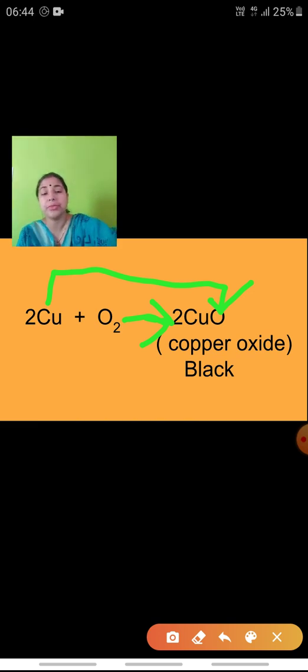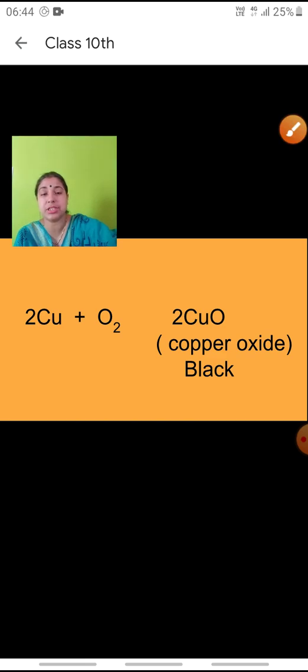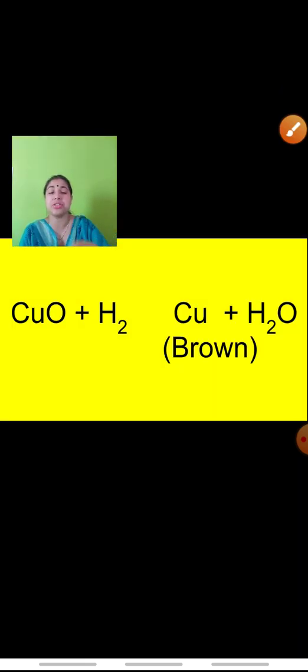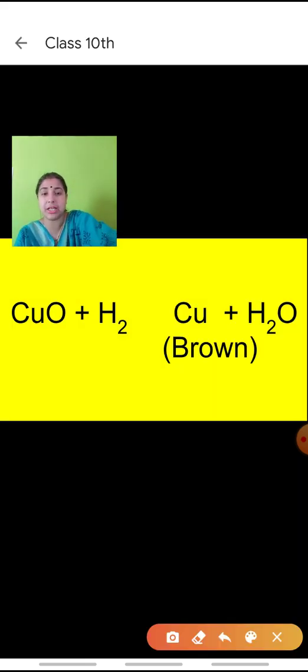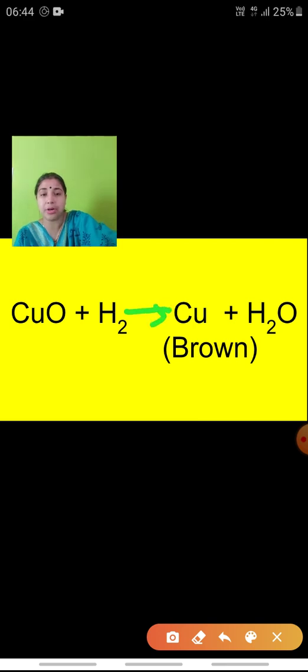Now children, you see another equation is written on the screen, in which copper oxide now reacts with hydrogen gas, and again that black colored copper oxide turns into brown color. Why does this color transformation take place?